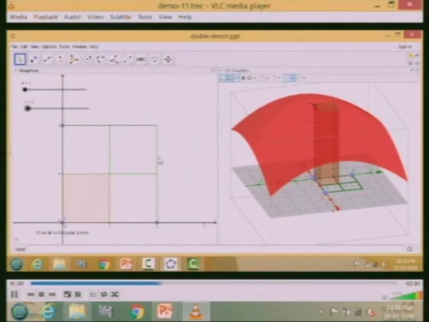In this graph we can see the rectangle given in the region 0 to 2, 0 to 2. I have divided it into 4 parts, 4 square regions.